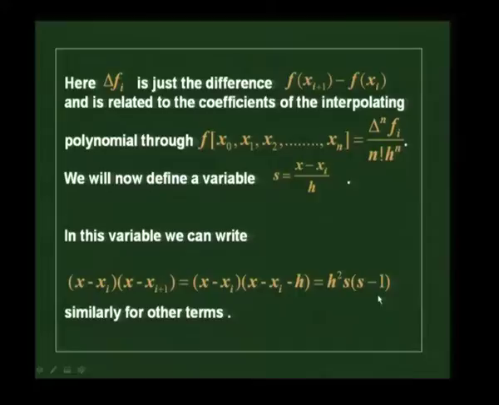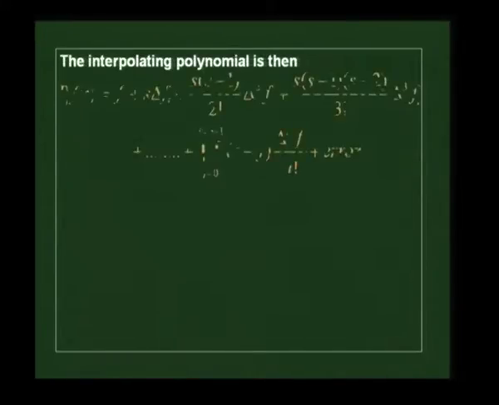The advantage is, you notice that when you put it in this coefficient and multiply it by this coefficient, these terms get cancelled and we will only have an n factorial in the denominator. So the interpolating polynomial will now simply have this particular form.